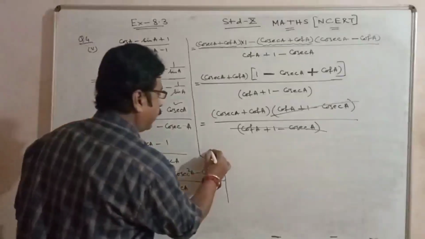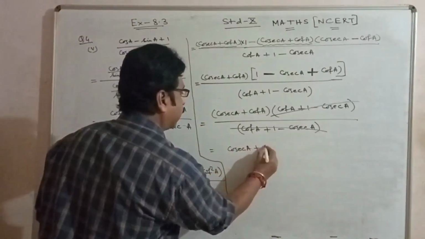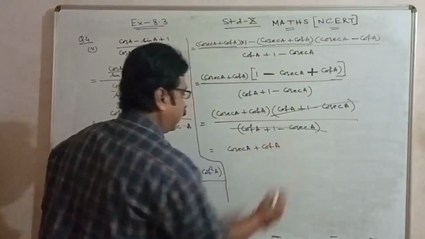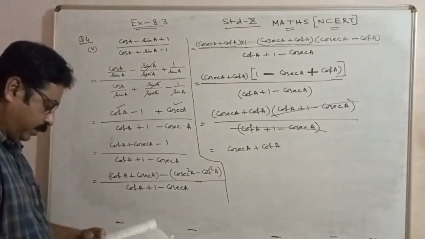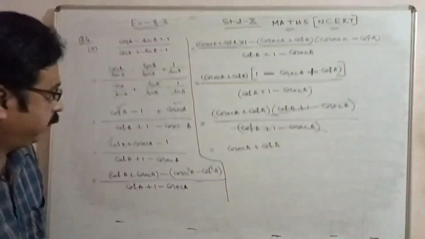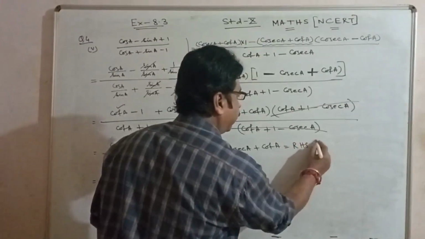What is left? Cosec A plus cot A. Now what is the right side? Cosec A plus cot A equals the right hand side.